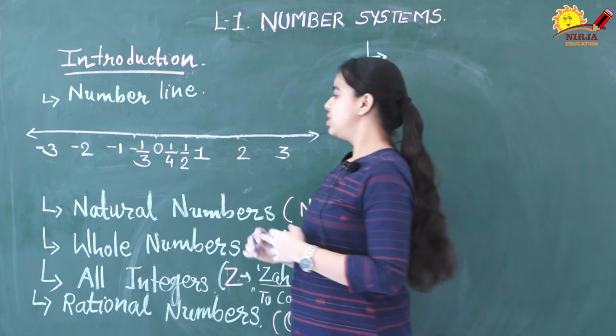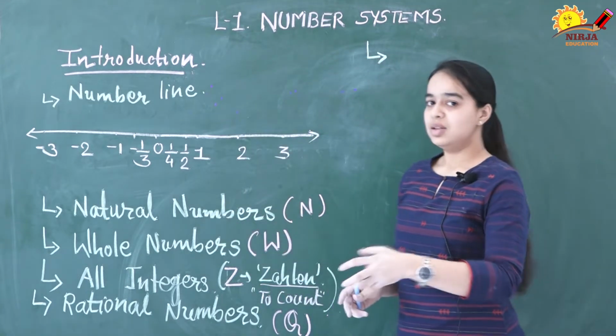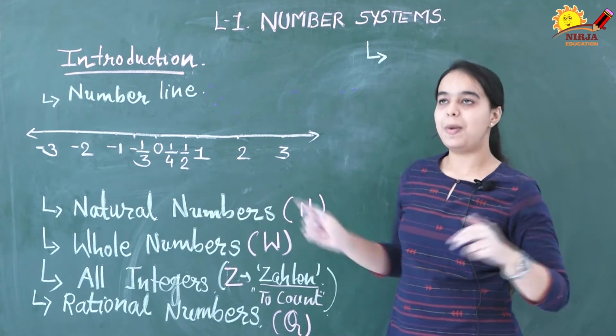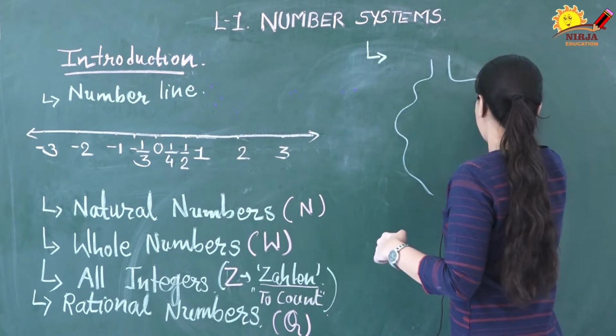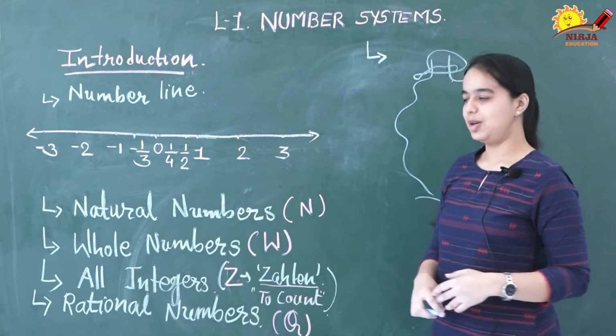Now suppose you start walking on the number line and collecting numbers. But wait, first we need a bag to collect the numbers. So here I am drawing one bag to collect the numbers.